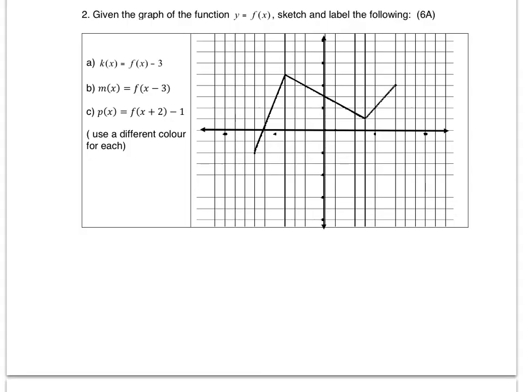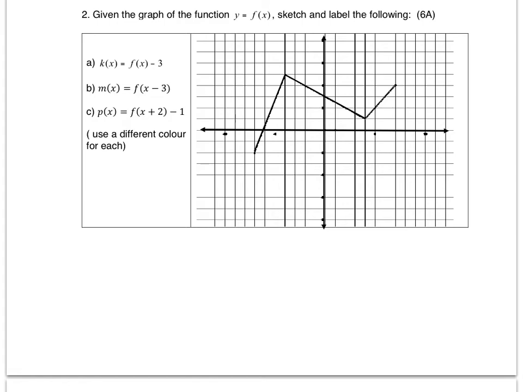The next question is, we have been given the graph of the function y equals f of x. We are supposed to sketch and label the following. k of x is equal to f of x minus 3, m of x is f of x minus 3, and p of x is f of x plus 2 minus 1.